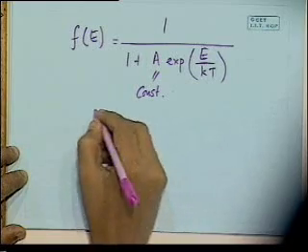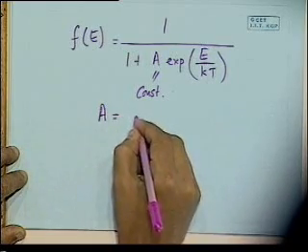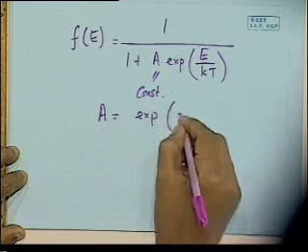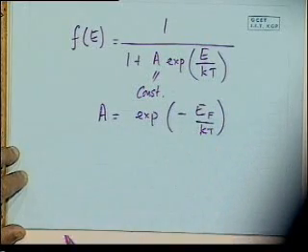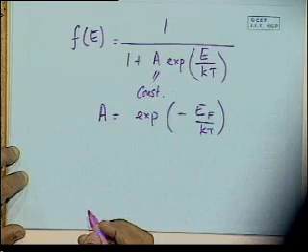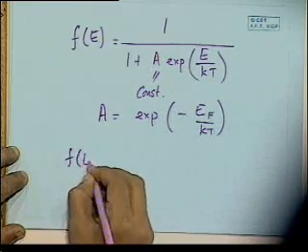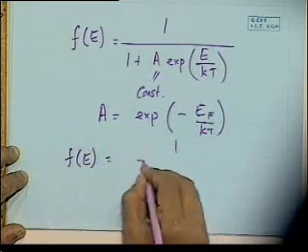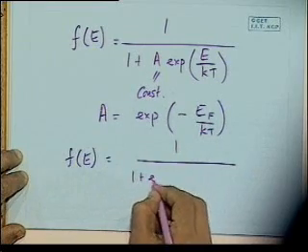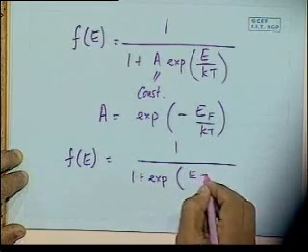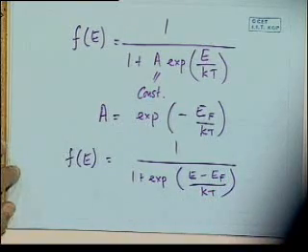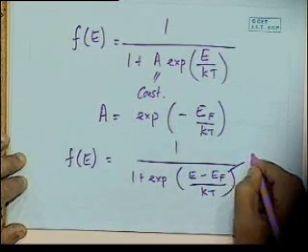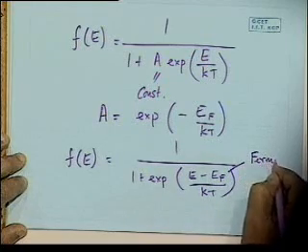It turns out that we can write A as exponential minus EF by kT. And if that is so, then our Fermi-Dirac function becomes 1 over 1 plus exponential of E minus EF by kT, a form that you're at least familiar with, where EF is known as the Fermi energy.